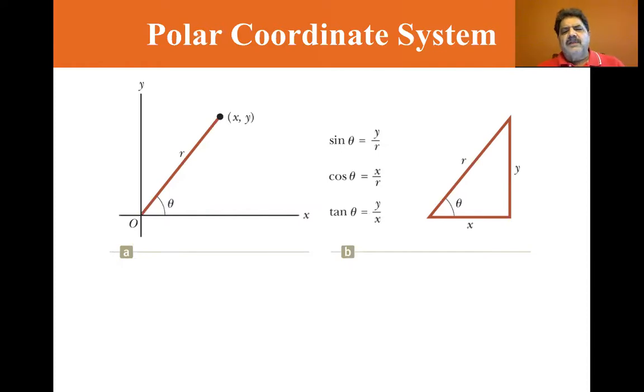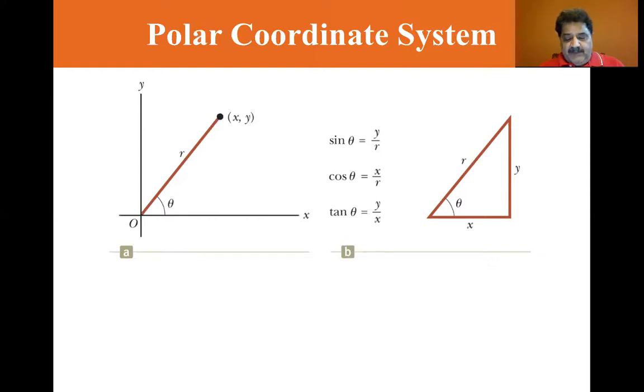We usually use the positive x-axis as our reference, and we measure theta in a counterclockwise direction. So as it goes up, theta increases. If it were to go clockwise, it would be going in the negative theta direction.